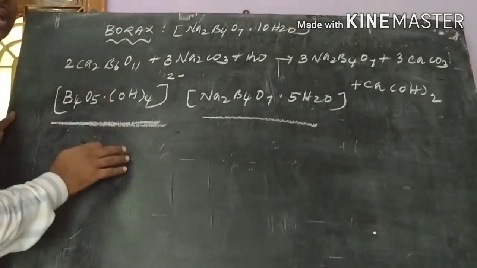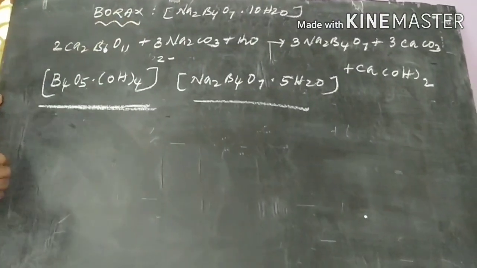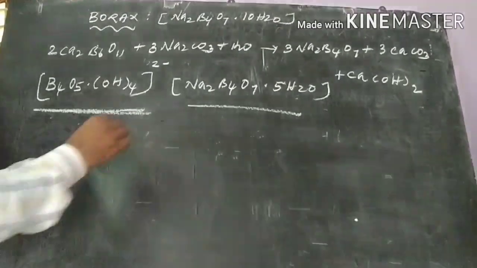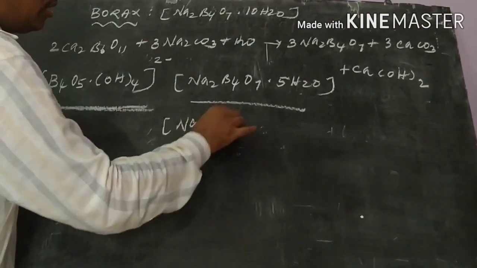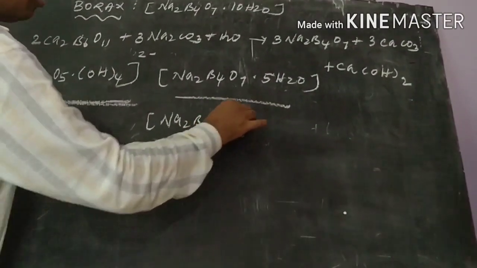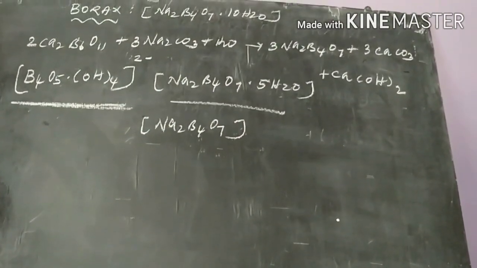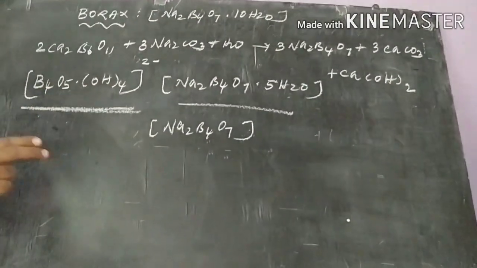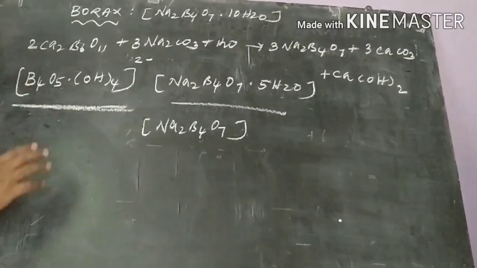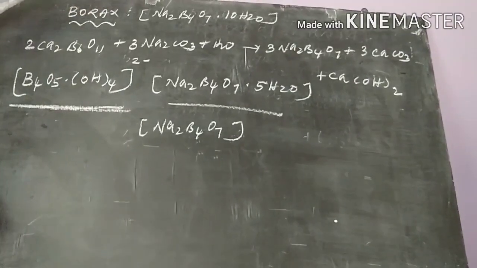And another one is borax glass, Na2B4O7.